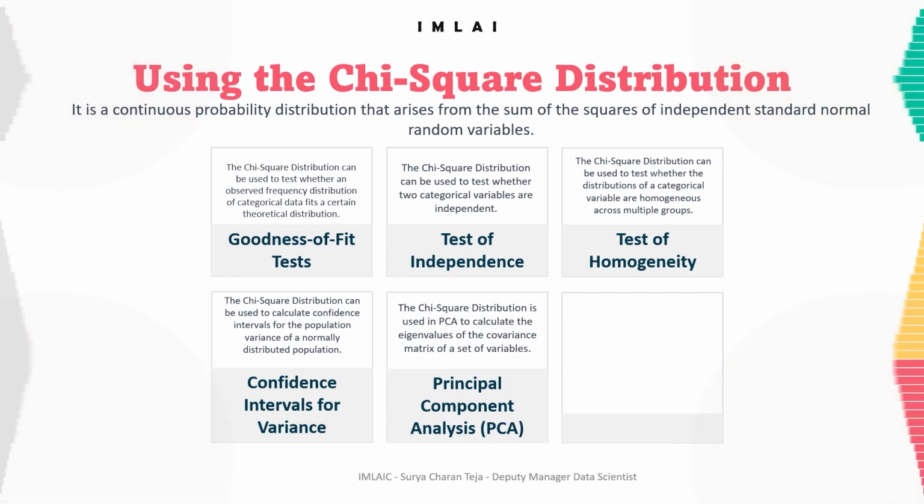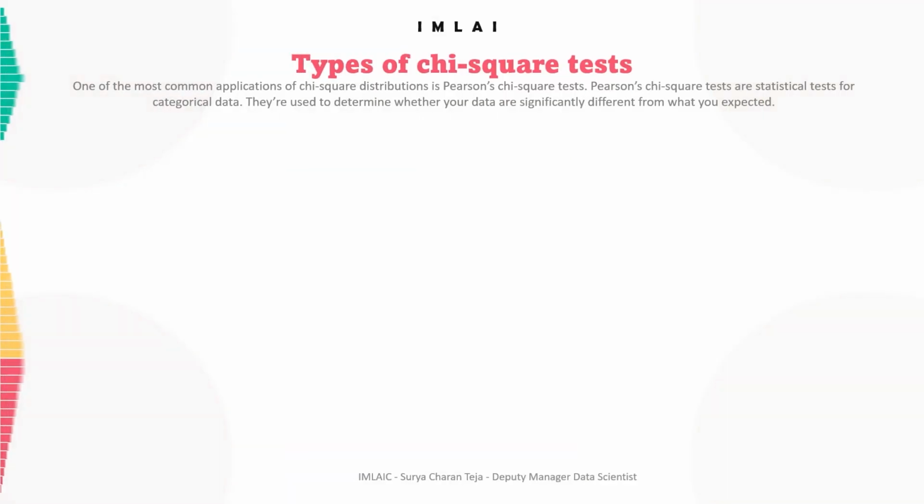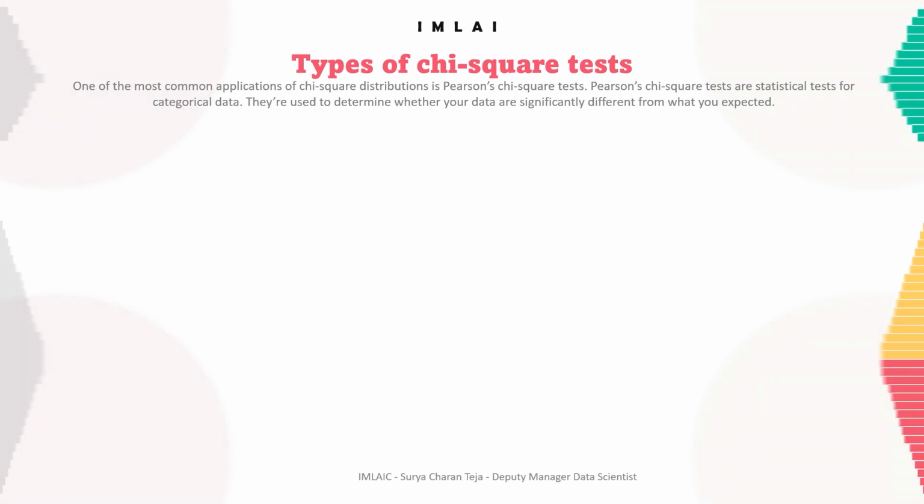Let's explore these applications of chi-square tests in detail in forthcoming slides. So, types of chi-square tests. There are several types of chi-square tests, each designed to analyze different aspects of categorical data.